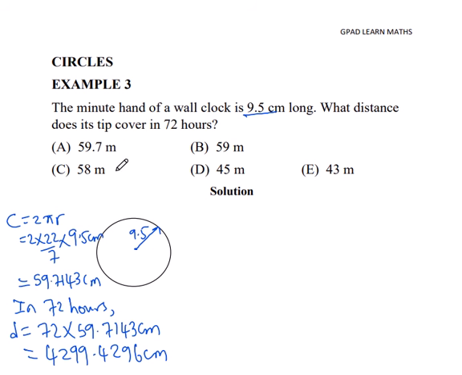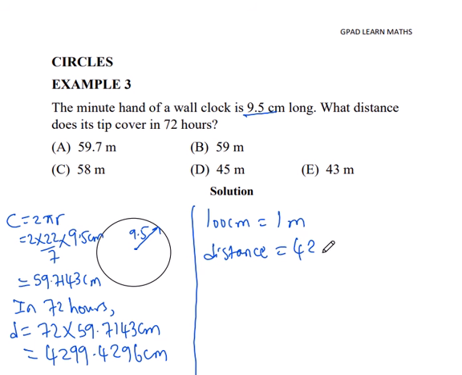If you look at the options, you will realize that the answers were left in meters, so I have to convert this from centimeters to meters. Notice again that 100 centimeters is equal to 1 meter. So to convert this to meters, I'll have to divide. The distance in meters would be 4299.4296 divided by 100.